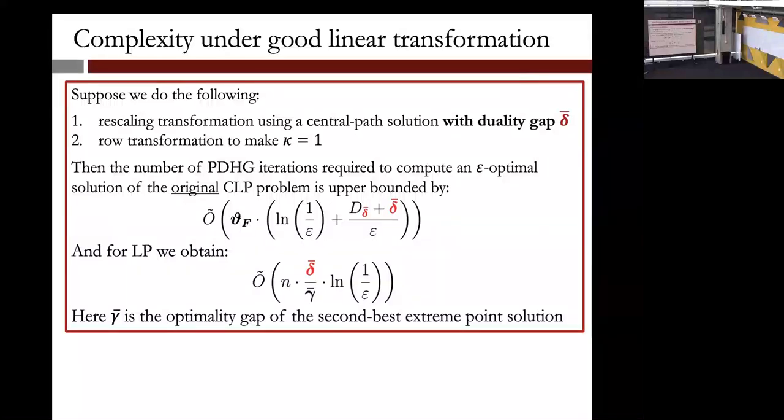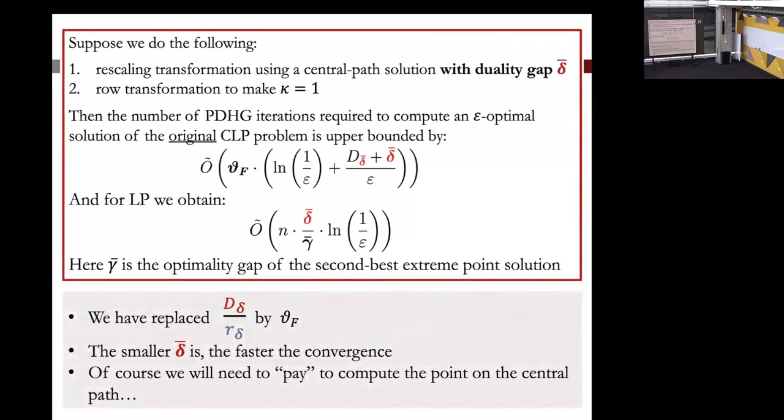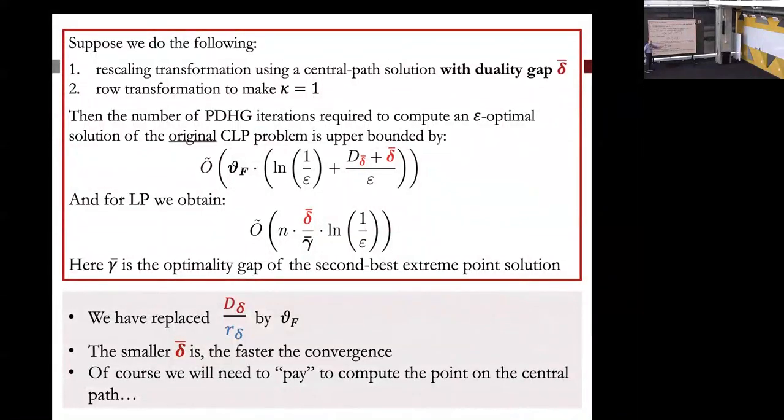These numbers that are pre-multiplying things here are just going to be on the order of n. Think of it that way. And likewise, here's the n in the case of linear programming. And I say here, we have replaced the ratio of diameter to the radius by the barrier parameter, which is essentially the dimension of the problem, et cetera.